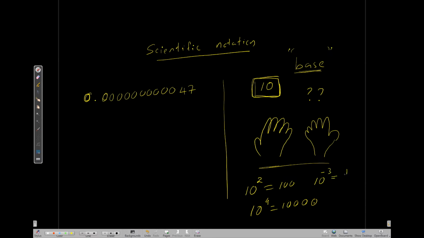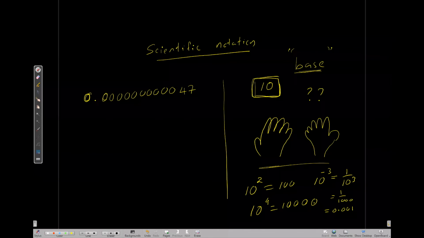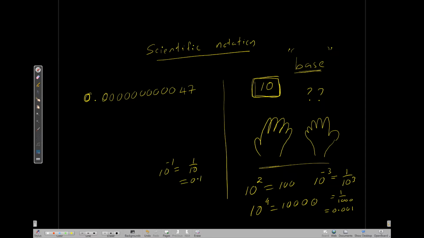That means 1 over 10 to the 3, or 1 over 1000. Oh, this is 0.001, right? Now, 10 to the negative 1, this is 1 over 10, oh, 0.1. 10 to the negative 2, 0.01, like that.